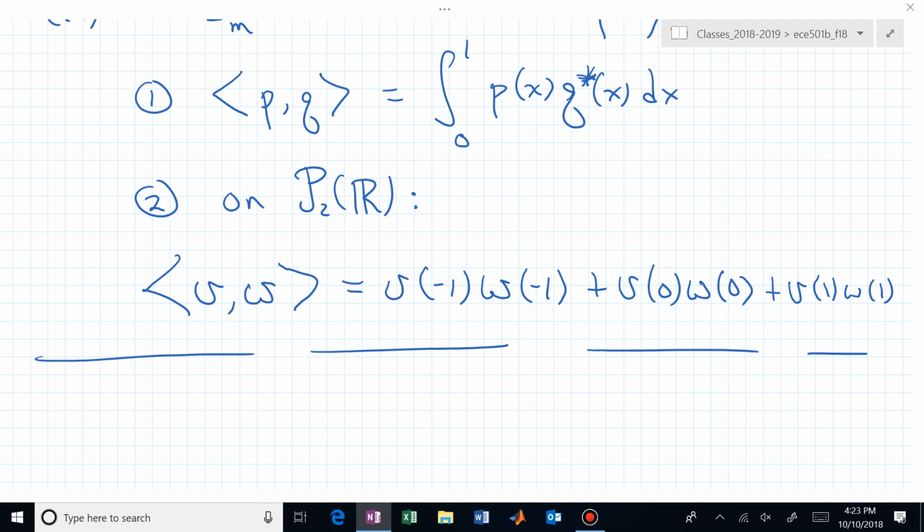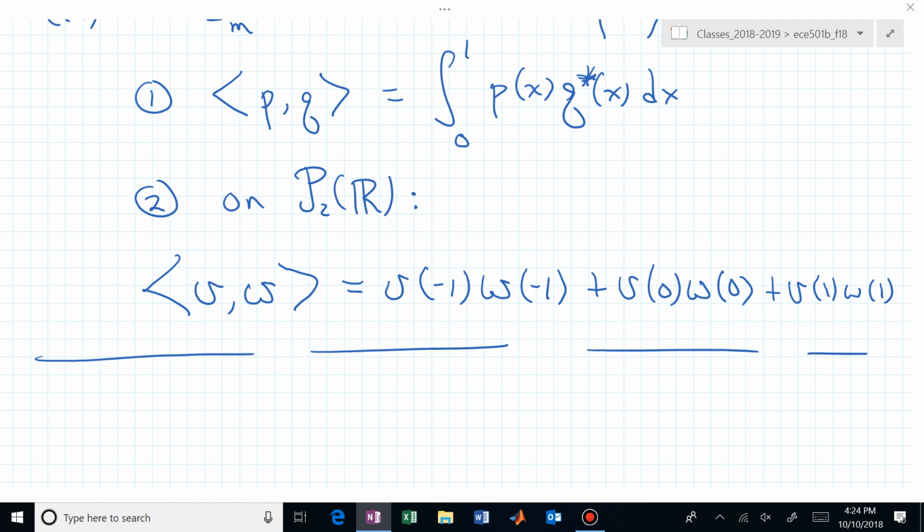Just because now I'm going to start illustrating what this really looks like. But the critical part of this, so the comment was, don't I have to conjugate the w's? And here I avoided that because I'm dealing with the field of reals. But now the key point is to notice that these were second order polynomials, and how many points did I evaluate the vector at? 3. 1 bigger than 2.